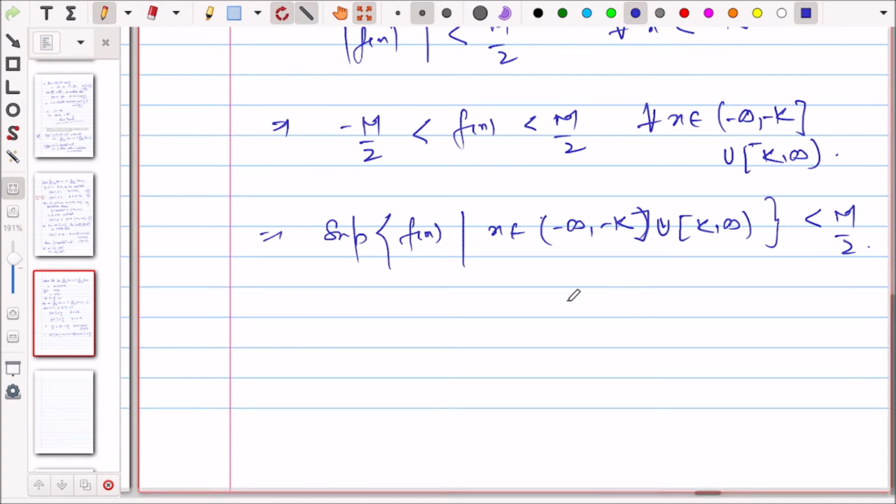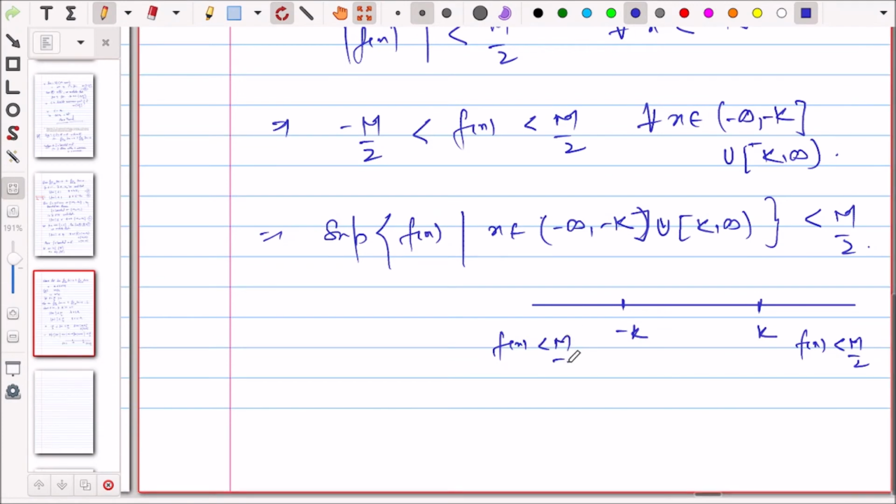Let us look at this on the number line. So this is the number line, this is your minus k, this is your k. Now f(x) is less than M by 2 in this area, and f(x) is less than M by 2 in this area, but overall you know that the supremum of f(x) is M, so that M must be attained in this interval, right, in the interval minus k to k.